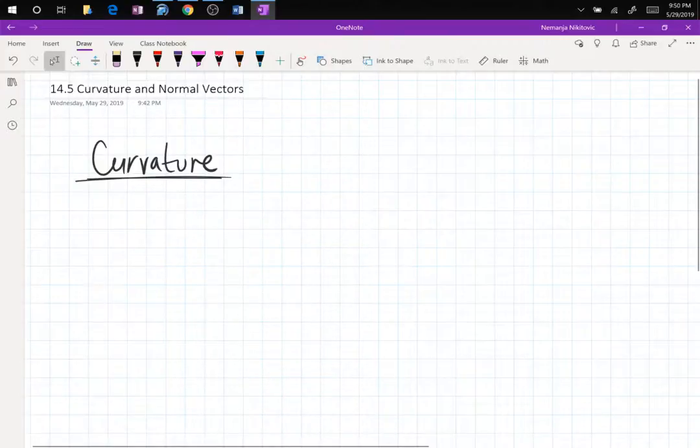Now, a straight line doesn't curve at all, so we can calculate its curvature to be infinity, actually. But then all other lines curve at the point. So curvature is going to be a quantification, right?